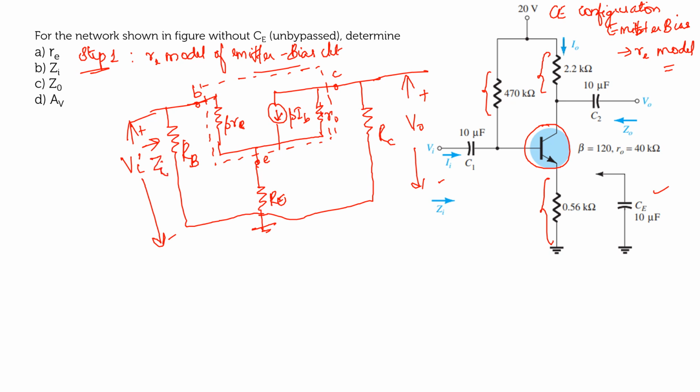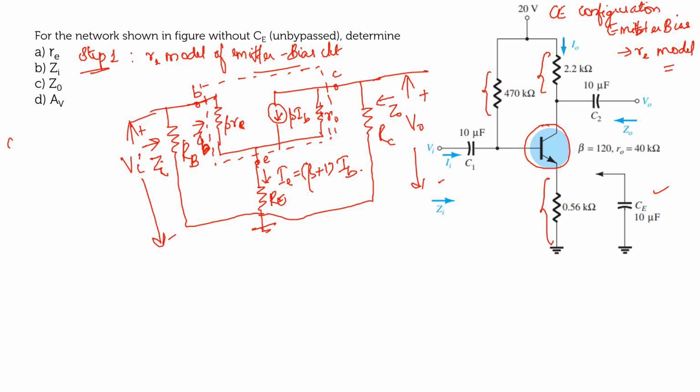In the derivation, looking towards your transistor, you can take the impedance as ZB. Similarly from the output it will be your Z0, right? What will be the emitter current? I can write it as beta plus 1 into IB. So this is in short the RE equivalent model of the emitter bias circuit.